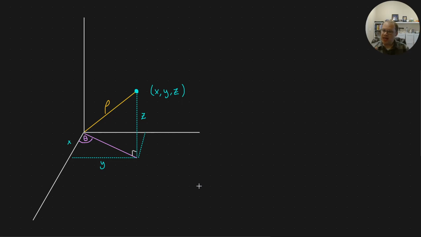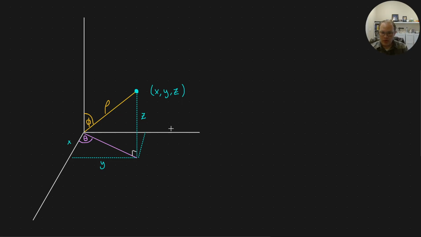That's our theta. It's the same theta we use for cylindrical variables and for polar variables. Okay. And then we need one other angle to describe the angle that this line comes down this way. And for that, we use the angle phi.